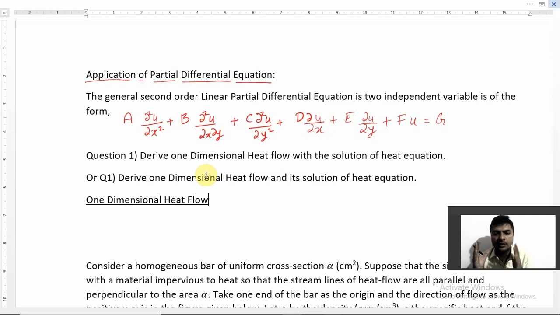You can see in the GATE exam also they ask this equation. When I went to write the GATE exam, students, I came across the one-dimensional heat flow with some conditions. So first we'll derive this one by one.